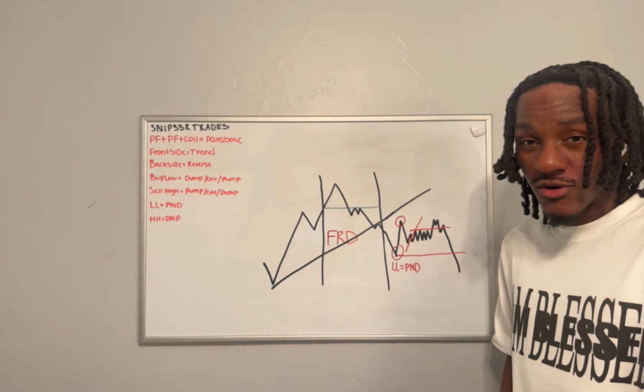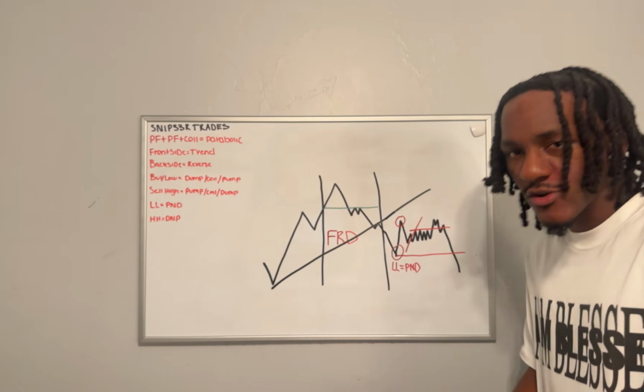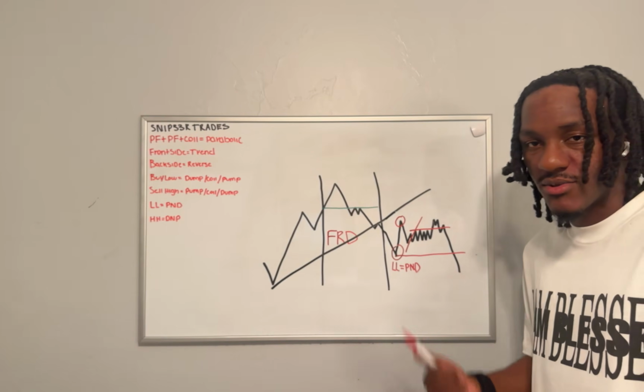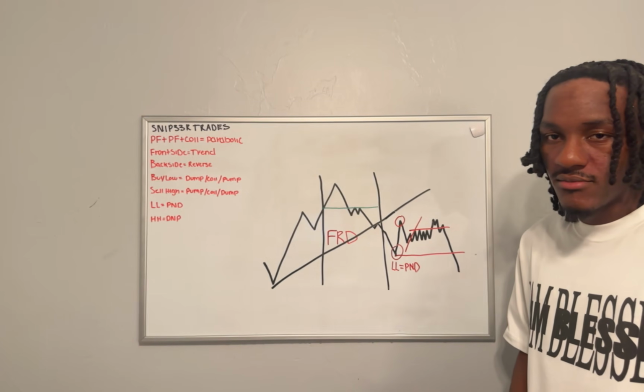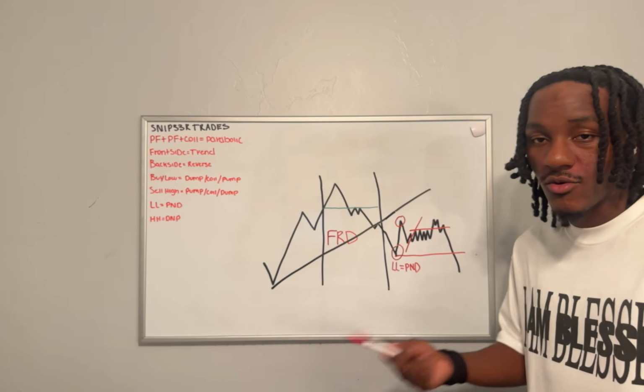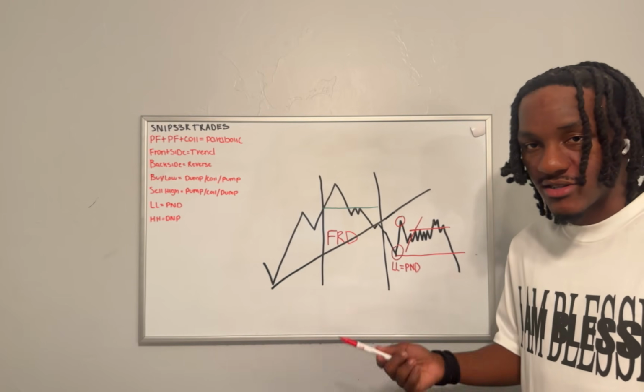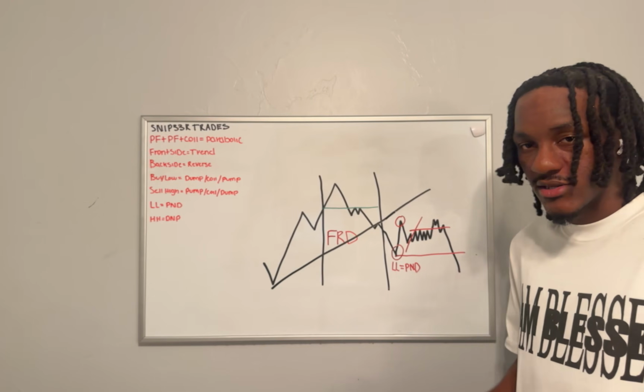Go find someone who's going to tell you all three of these variations that I just explained. There's one more. I don't trade that scenario, so I'm not going to talk about it.